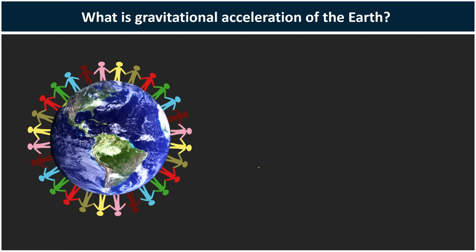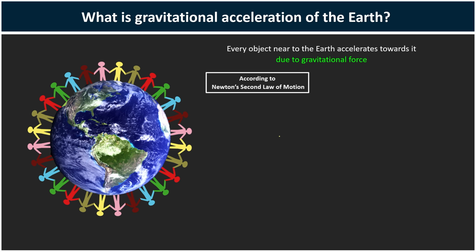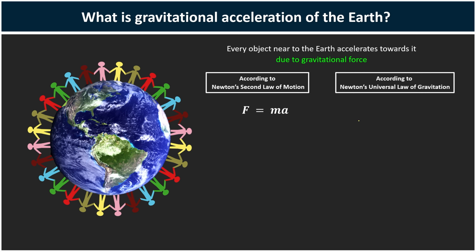This is all due to every object near the Earth eventually accelerating towards it, all thanks to our gravitational force. According to Newton's second law of motion, F equals ma. And according to the universal law of gravitation that we have learned in the previous video, F equals GMm over r squared.